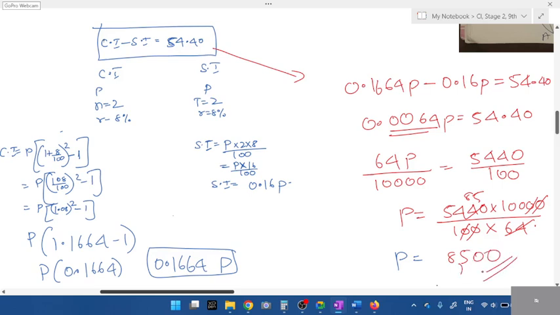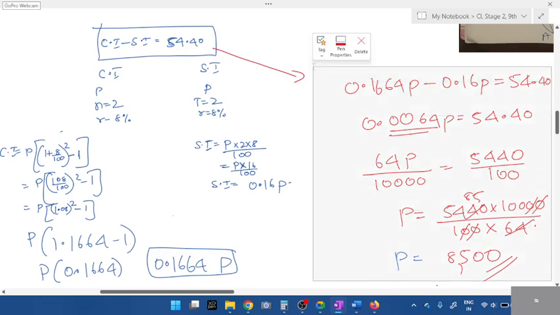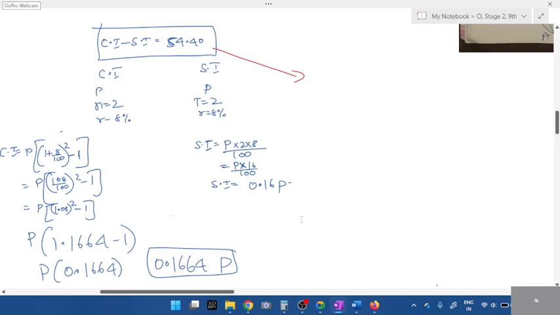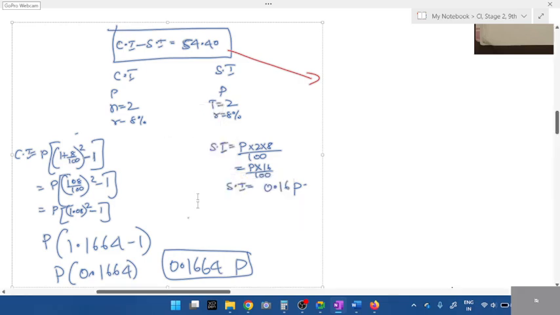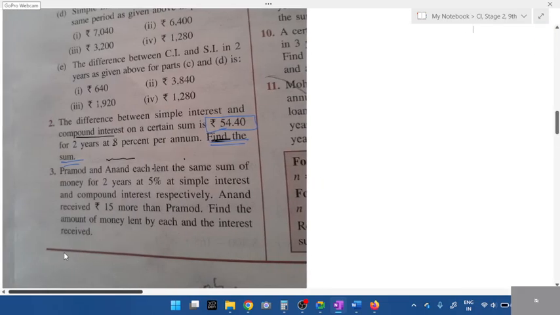That's it. This is how you have to calculate it. So second exercise, almost all the questions are a bit lengthy. Fine. Anyhow, there is time. I've given two questions for homework. Try that.